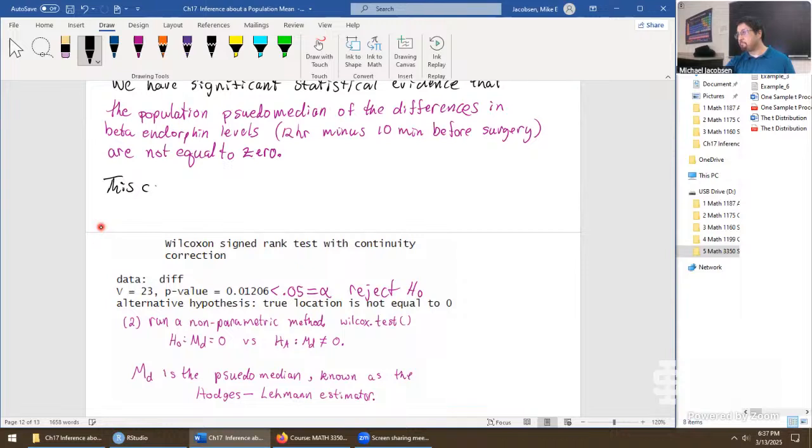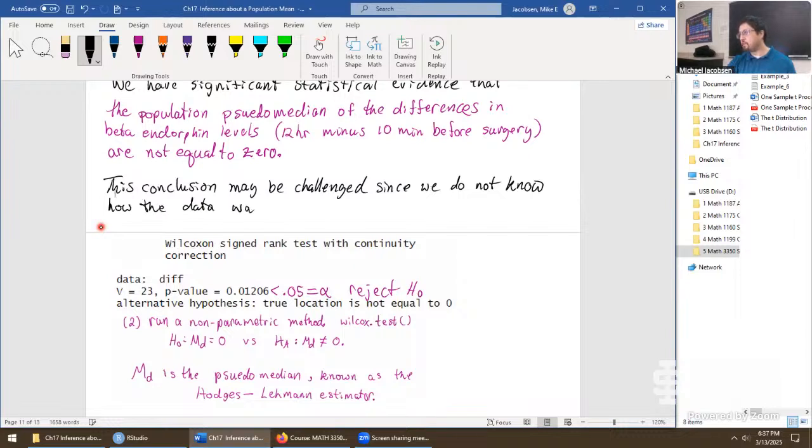This conclusion may be challenged since we do not know how the data was collected. In other words, we still don't have any information on randomization, but one major problem at least has been corrected.